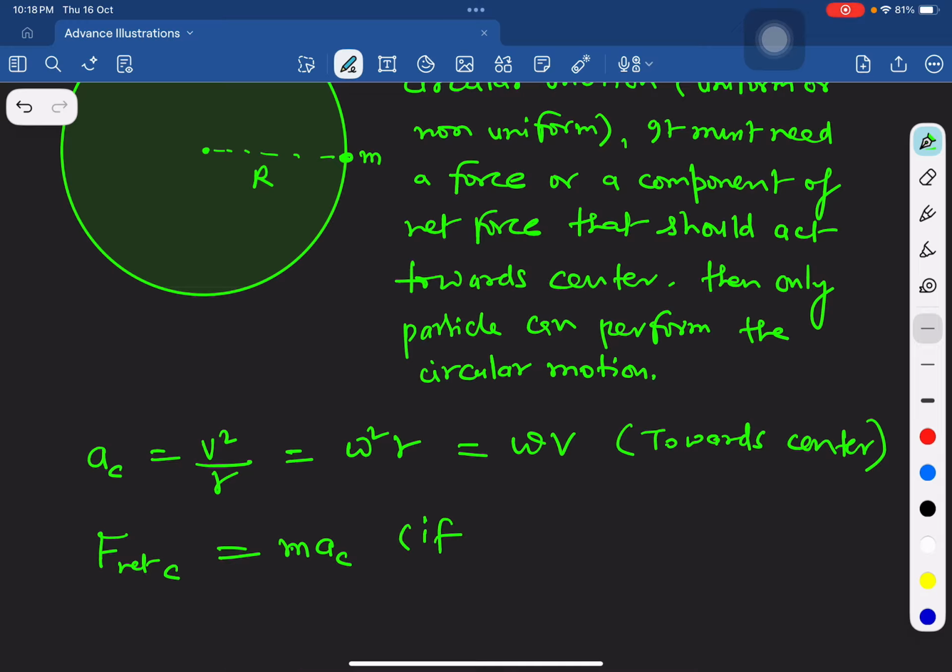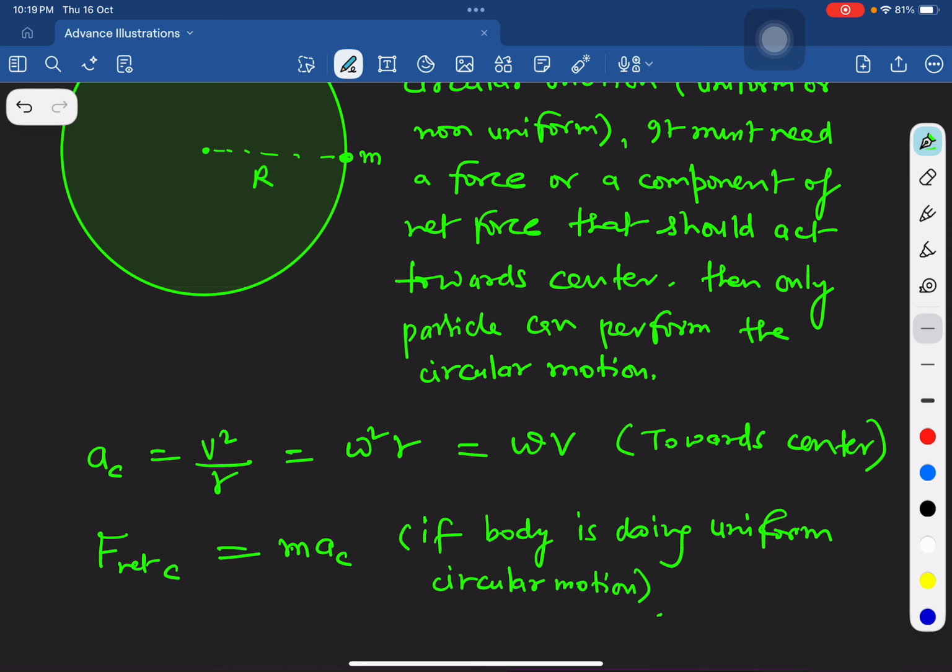This holds if the body is doing uniform circular motion. What does it mean?